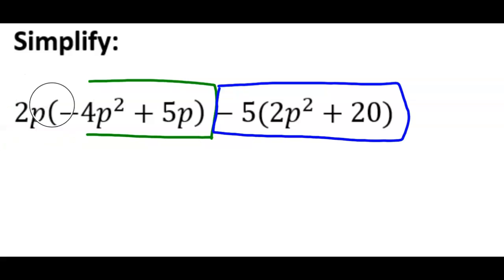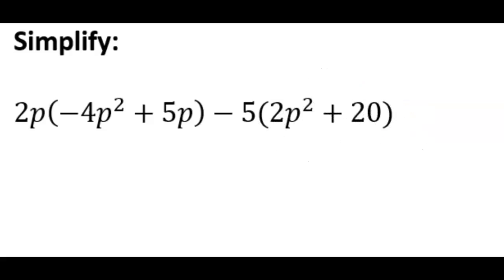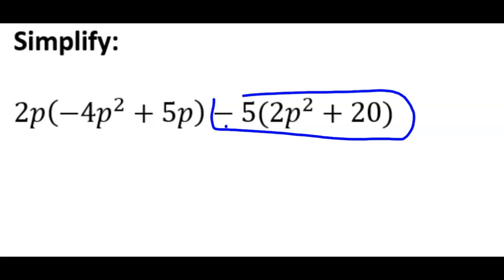So I've got to distribute 2p into the first polynomial and the -5 into this polynomial. It's important that you see that. This minus sign separates this out to be by itself. This is something you guys mess up. You want to always do this 2p to everything, but that minus sign makes it a whole other section. Do you see that?